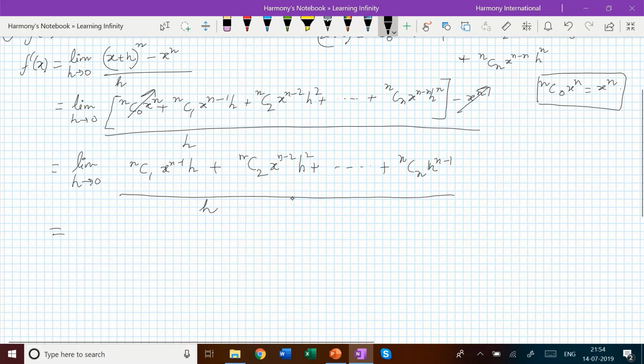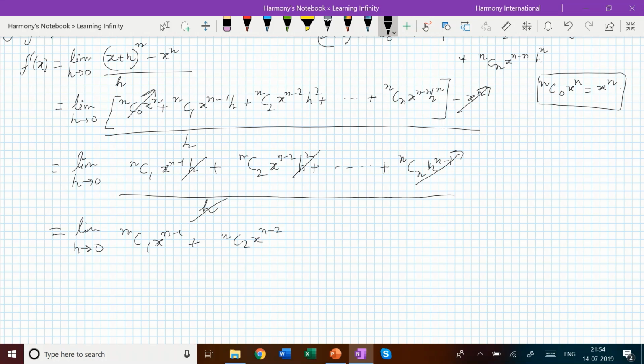Now if you cancel all the terms of h, we are left with the following: limit h tends to 0 n c1 x to the power n minus 1 plus n c2 x to the power n minus 2 h plus n c3 x to the power n minus 3 h square, and like this we will get till n cn h to the power n minus 1.